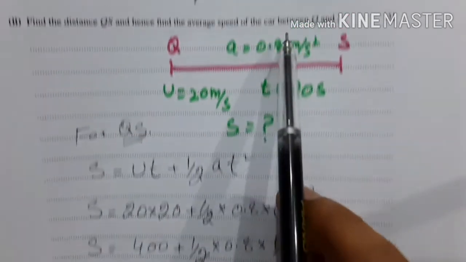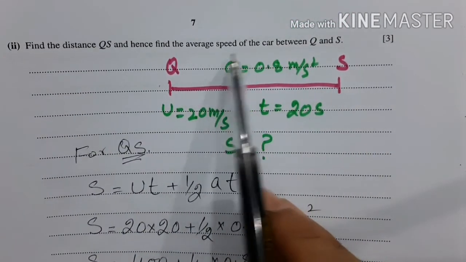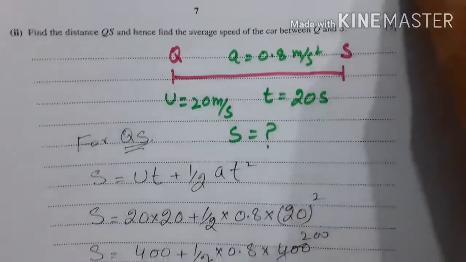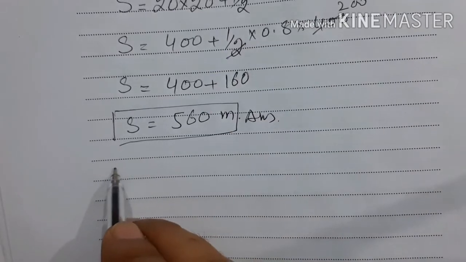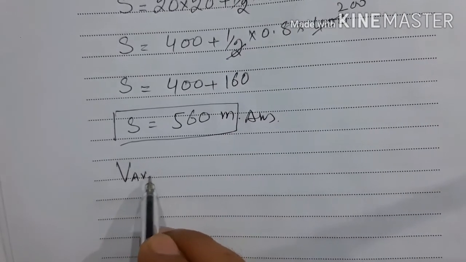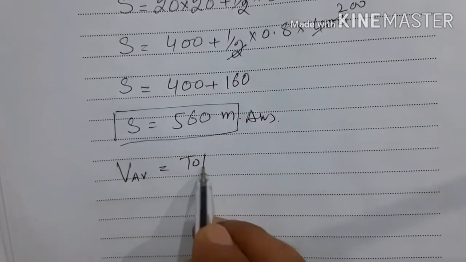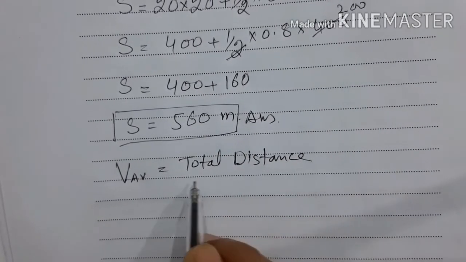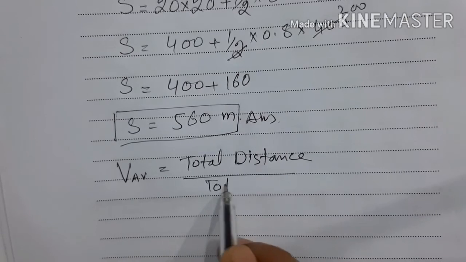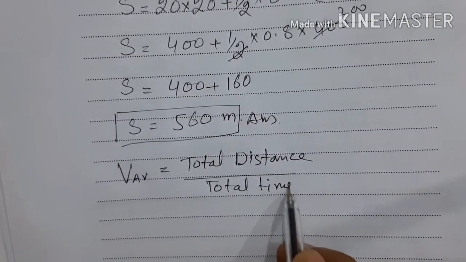We also need to find the average speed of the car. Everyone knows average speed means total distance covered divided by total time taken.